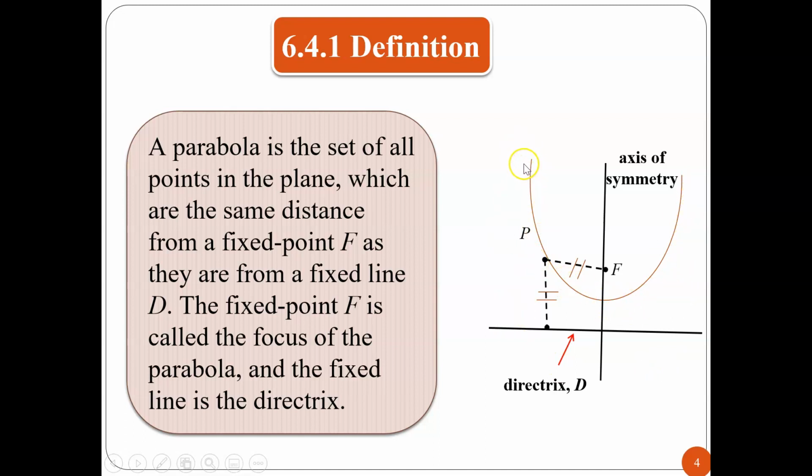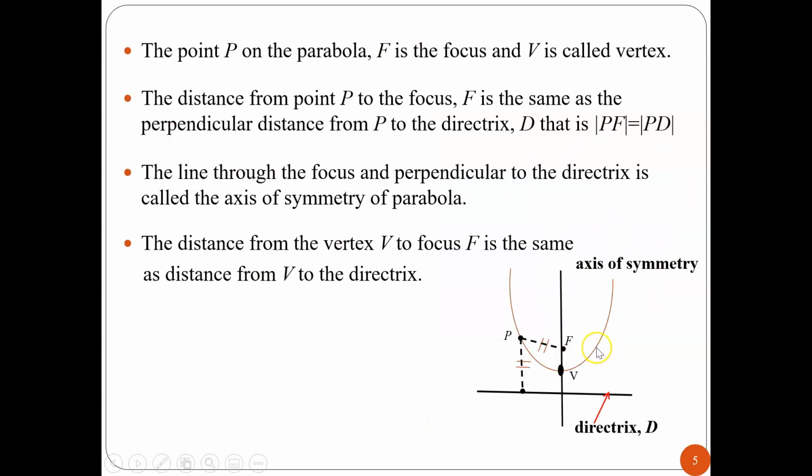This is what we call open upwards. It opens upwards. And in the middle is the axis of symmetry. And then the point P is on the parabola, F is the focus. Over here P is one point, F is the focus, and V is what we call the vertex. The vertex is like its corner point.